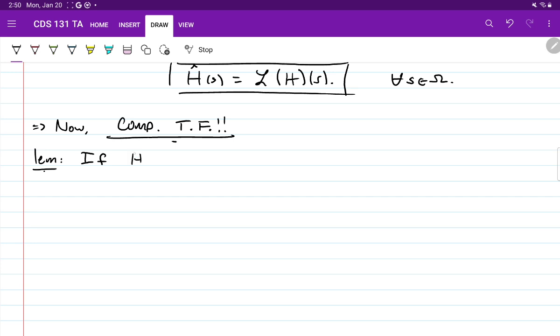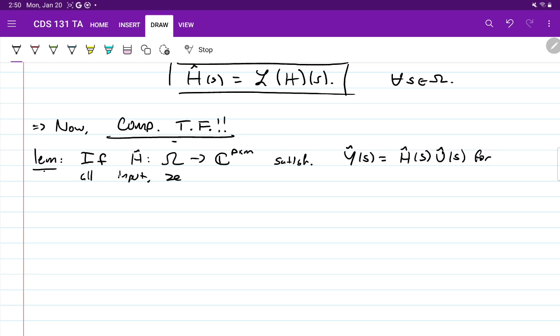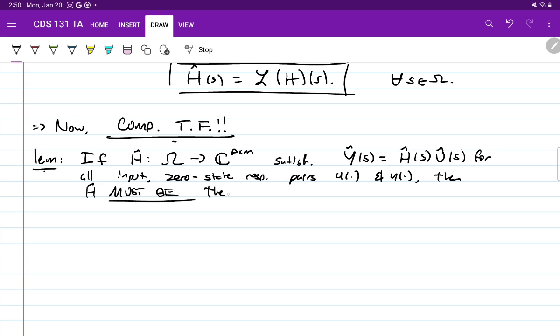If I give you a map h hat, which goes from some region omega to C^(p by m), and this map satisfies y hat of s equals h hat of s times u hat of s for all input and zero-state response pairs u and y, where u hat and y hat are their transforms, then h hat must be the transfer function of the system.